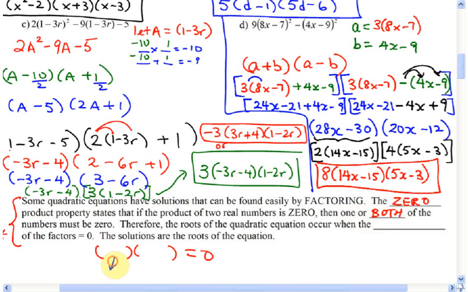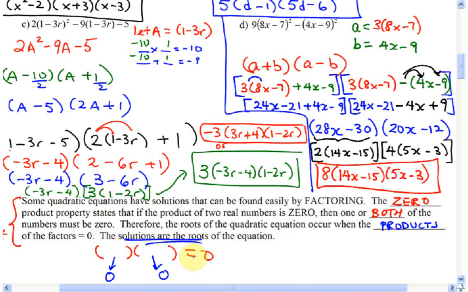Meaning the stuff in the first bracket must be 0, or the stuff in the second bracket must be 0. Therefore, the roots of the quadratic equation occur when the product of the factors equals 0. And these are what we call the solutions.